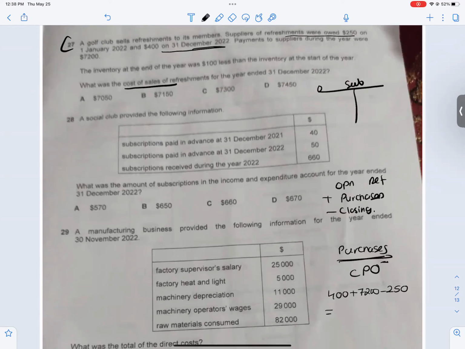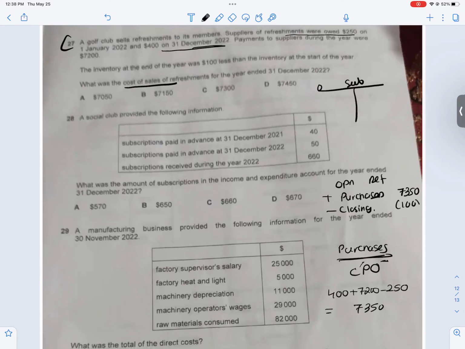For purchases, you will always do closing suppliers plus payment to suppliers minus opening suppliers. So 7350 is my purchases. And you have to do minus 100 in this because it's written over there: inventory at the end of the year is 100 less than the inventory at the start of the year.